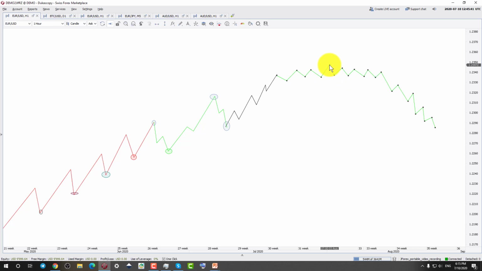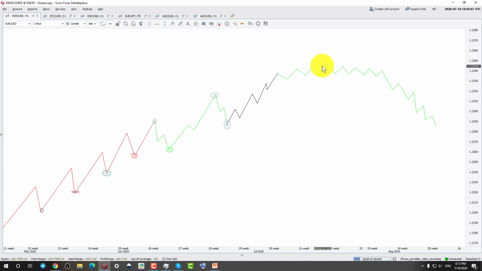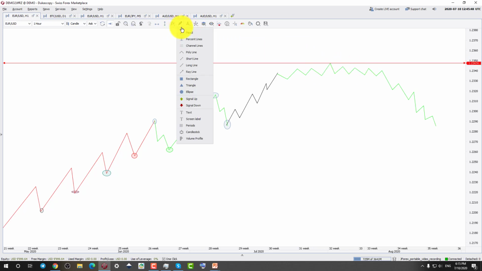And whatever the high price that it has made in that time is marked as the high of the rounding top.